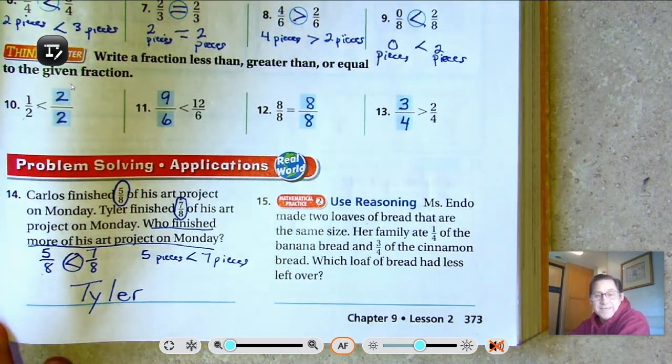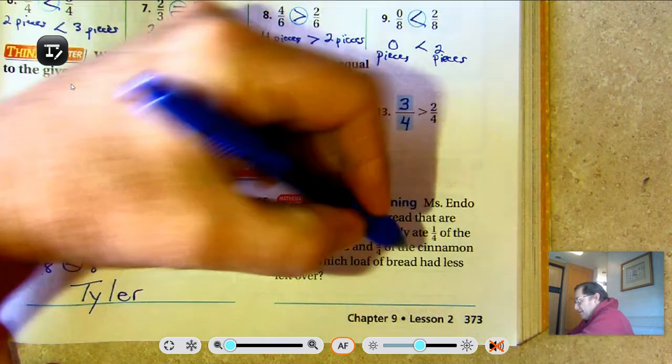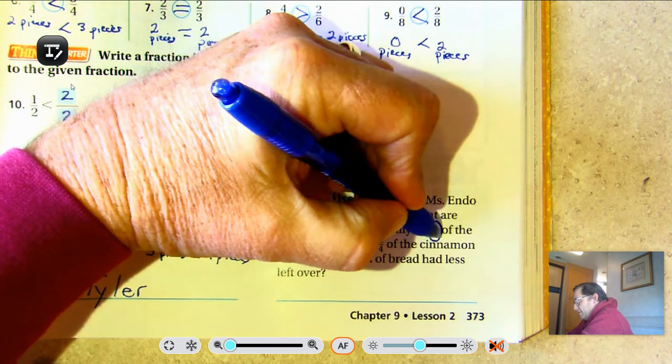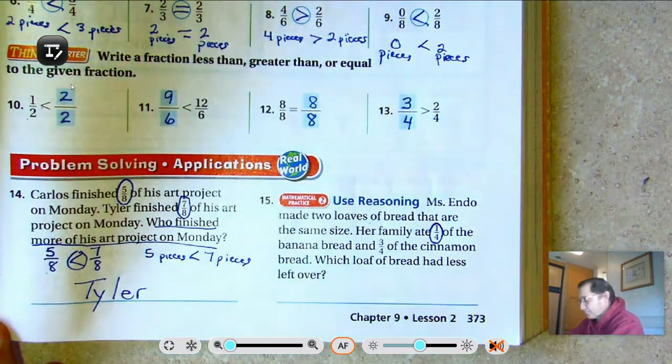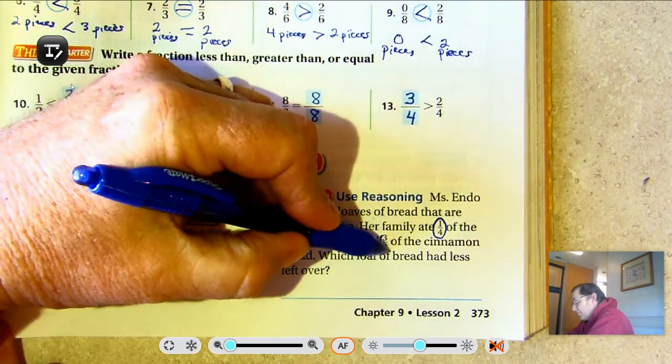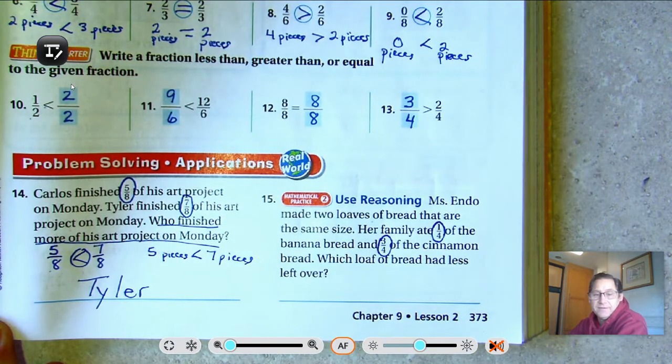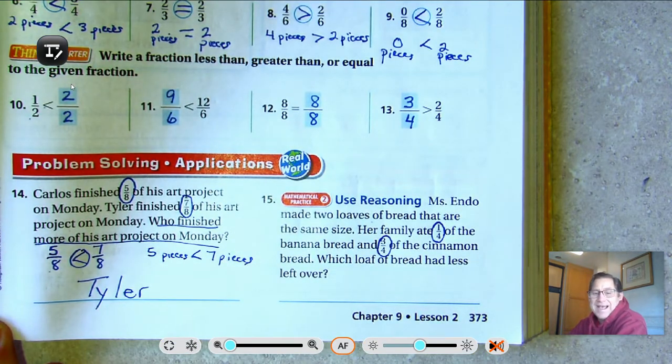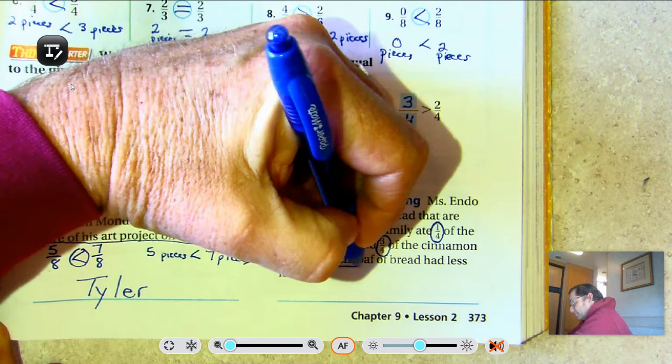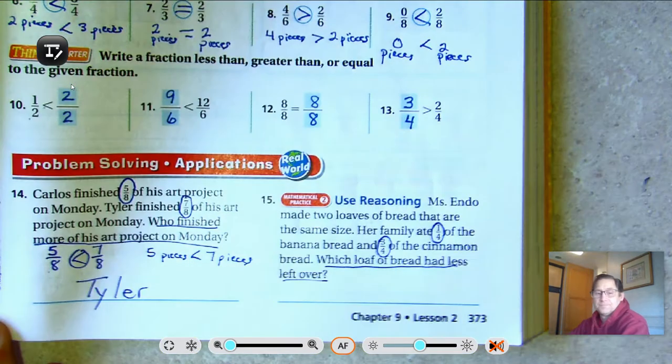All right, use reasoning. Miss Endo made 2 loaves of bread that are the same size. Her family ate 1/4 of the banana bread and 3/4 of the cinnamon bread. Which loaf of bread had less left over?